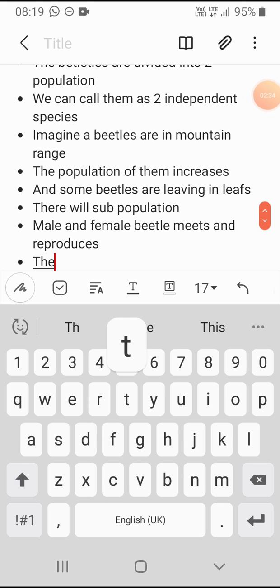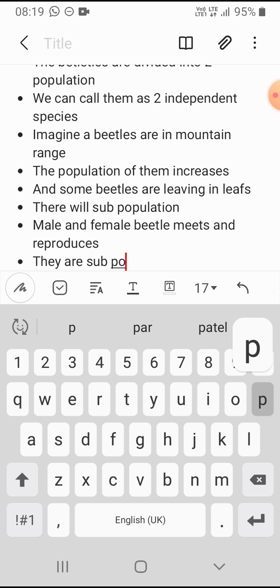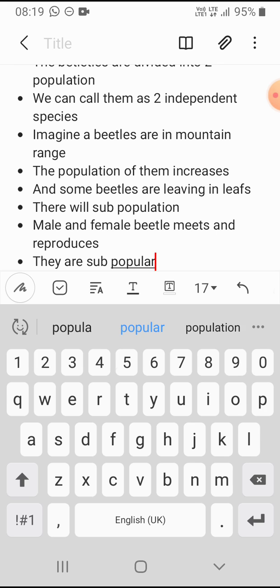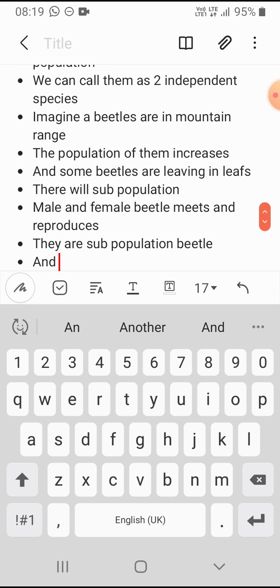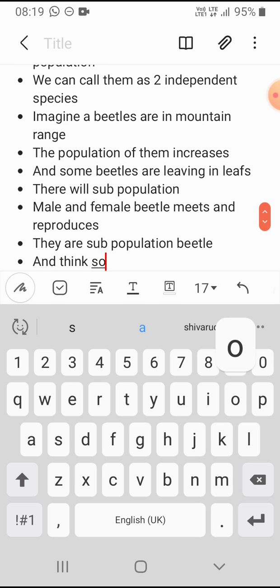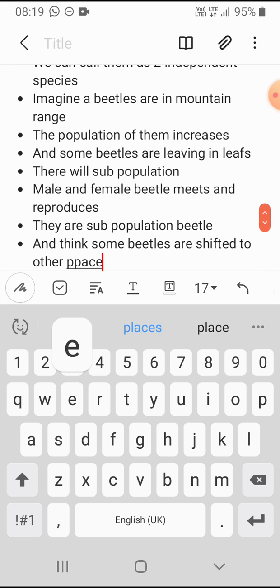So they are subpopulation beetles. Why means, because both their father and mother are from different places. And think some are shifted to other places.